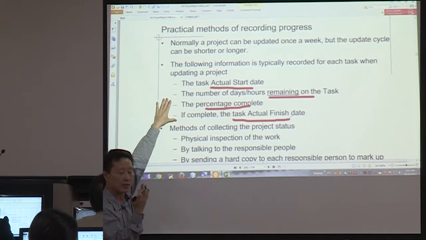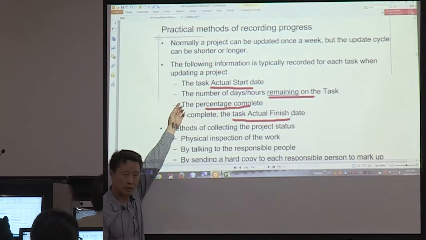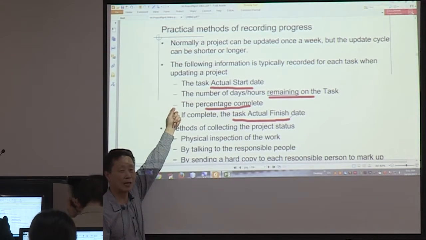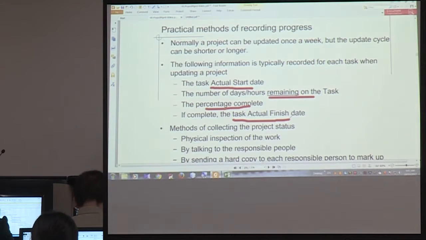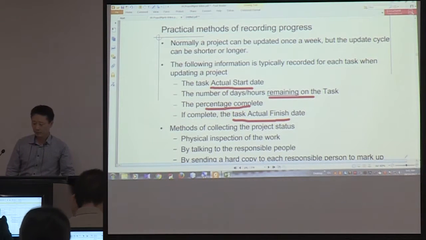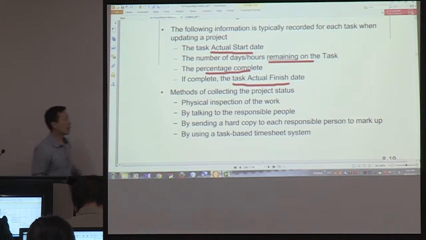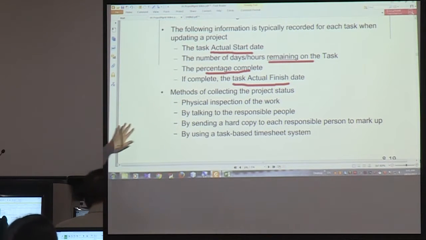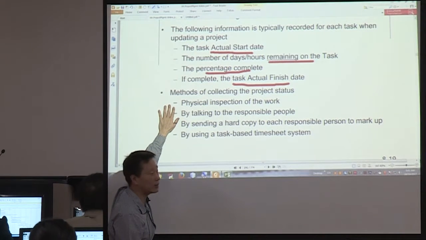Then you can see the progress of each task. So you should ask them to provide this data to you, so that you can track the progress of the project. So how do you collect it? Actually, these are some ways of collecting data.